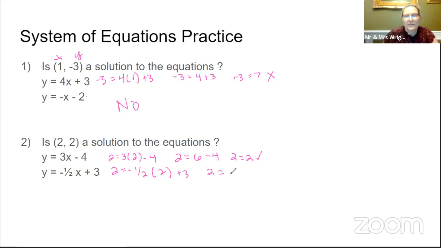Well, there's only one negative there, so I know my answer is going to be -1, plus 3. And then 2 equals, what do we do if we have different signs, a negative and a positive? We find the difference. The difference between 3 and 2 is 2. And then my answer is going to use the sign of the greater value. The greater value number here is 3. It's positive, so my answer is positive. So 2 equals 2. That checks out. So this one is yes.